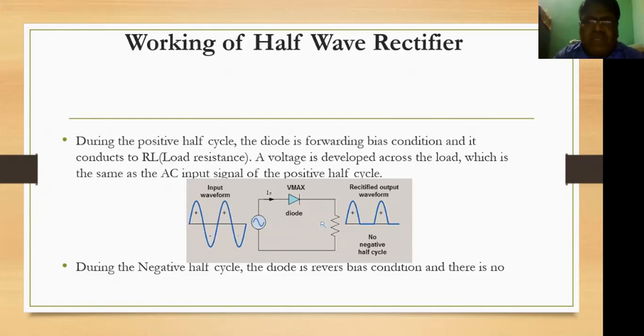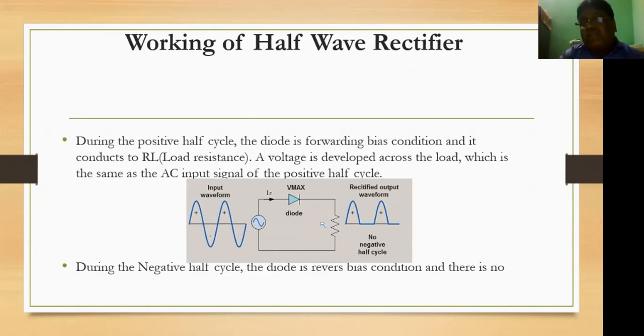Next, during the negative half cycle of the input signal, the diode is in reverse biased condition, and there is no current flowing. Why? Because it is reverse biased. That means it is an off state. That means the switch is open. That means there is no current passing in the circuit. Please remember, during the negative half cycle, the diode is in reverse bias condition, so there is no current passing in the circuit.